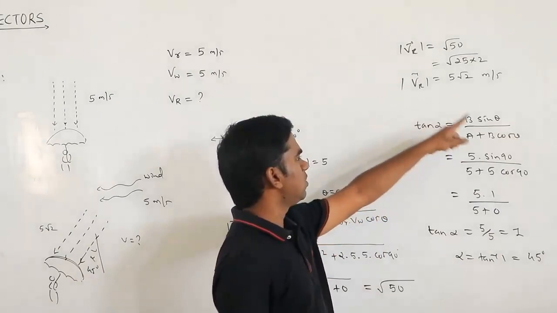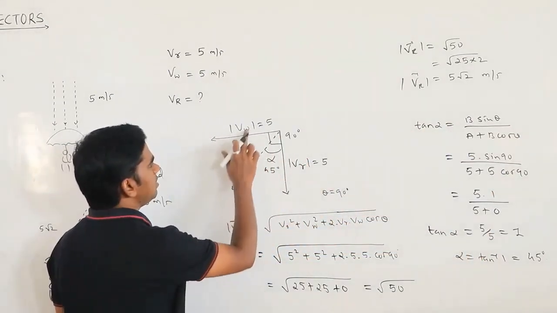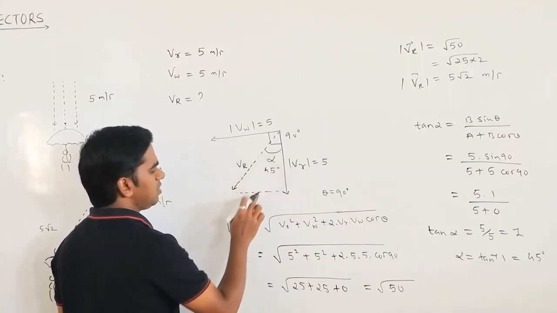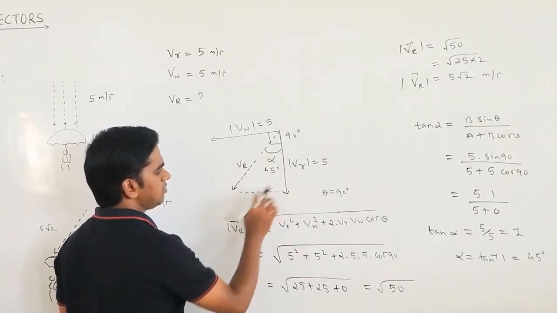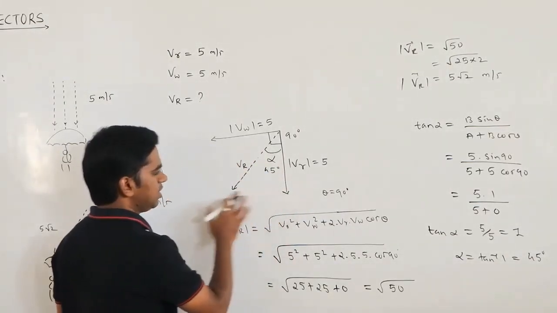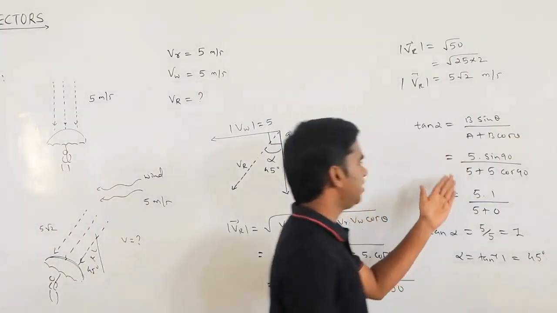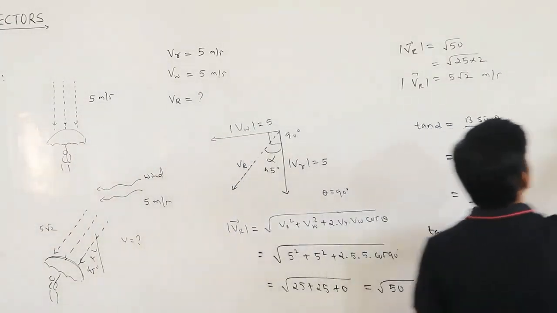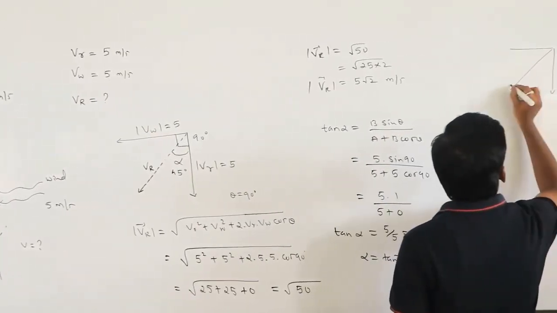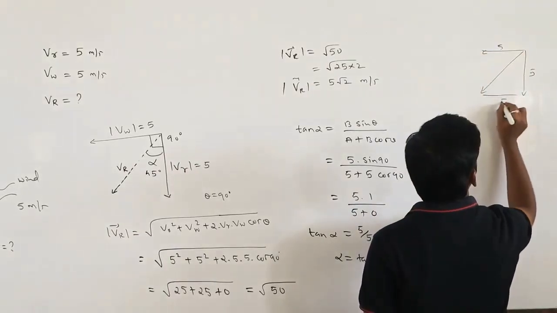If you don't want to solve this much, you can directly take tan alpha. If this is 5, this is also going to be 5. So tan alpha is what? Opposite divided by adjacent. 5 divided by 5, 1, that is 45. Again you will get the same thing. So that also you can do. Okay. So instead of applying all these things, you can do that also. Okay. So this is the resultant. This is 5. This is 5 means this is also going to be 5.